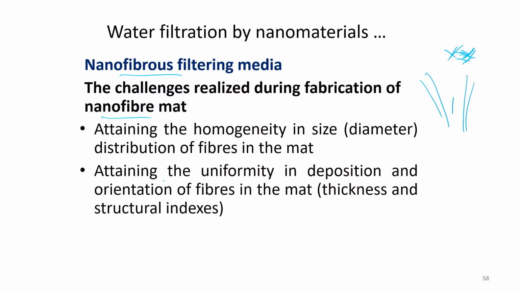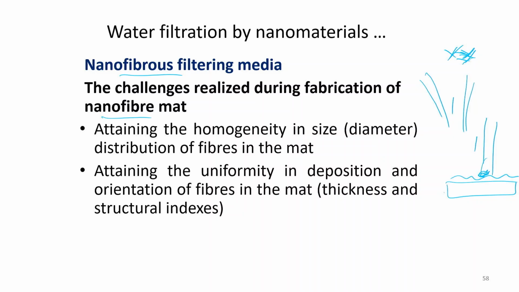So, attaining uniformity in deposition. When we deposit the nanofiber on a substrate, it is normally not uniform and the thickness varies. In some places it is different than in others.